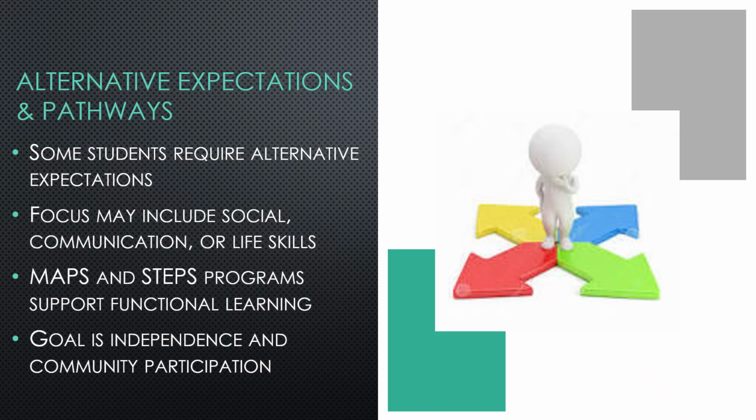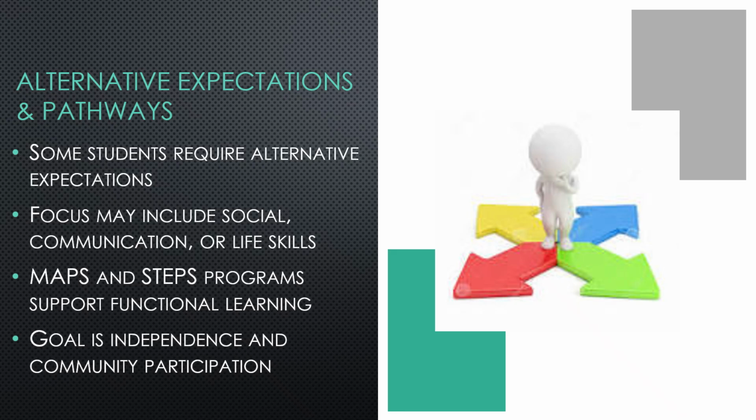Some students require alternative expectations that focus on functional life skills rather than traditional academic curriculum expectations. These expectations could involve communication skills, social-emotional learning, self-regulation, daily living skills, safety awareness, or getting ready for the workplace, like vocational preparation.